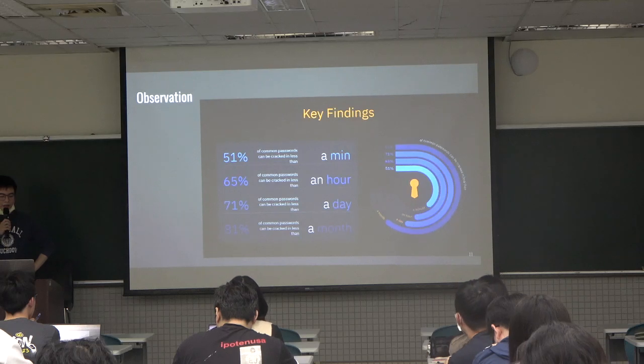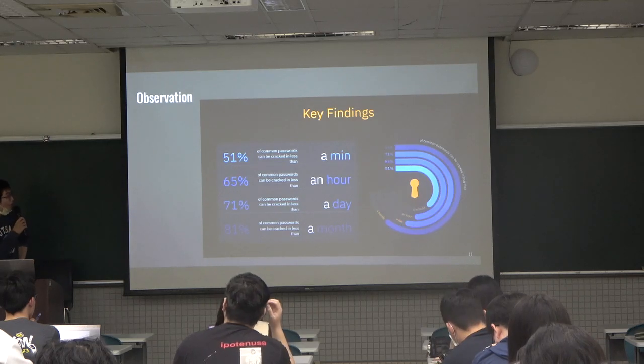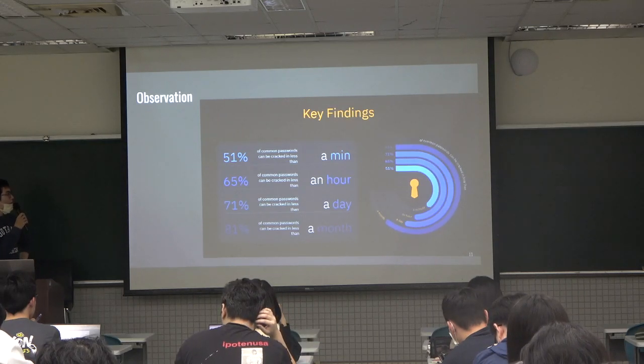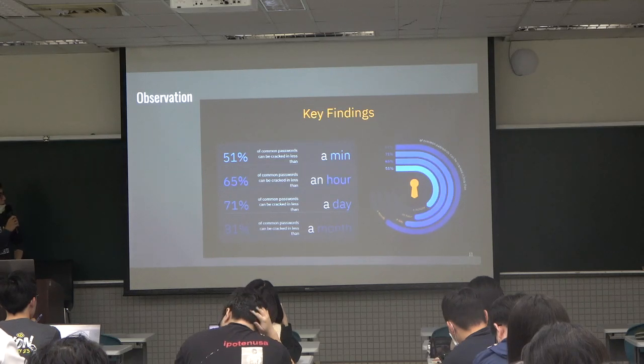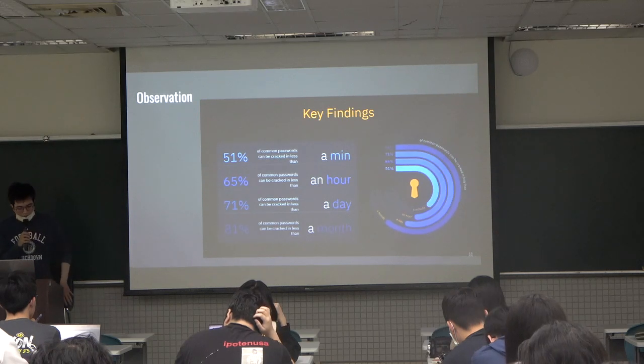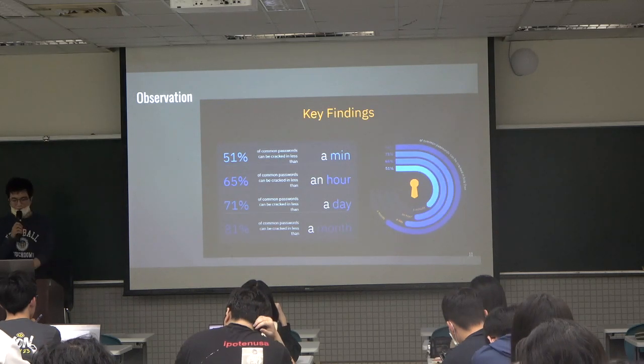Here are key findings. 51% of common passwords can be cracked in less than 1 minute, 65% were cracked in an hour, 81% in a day, and 81% in a month.